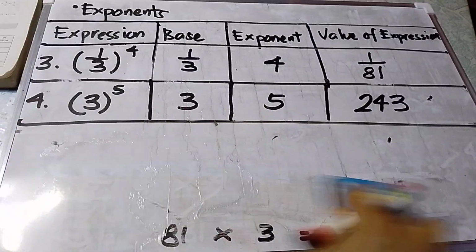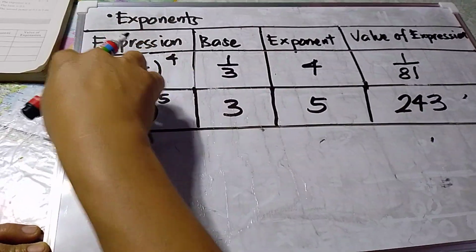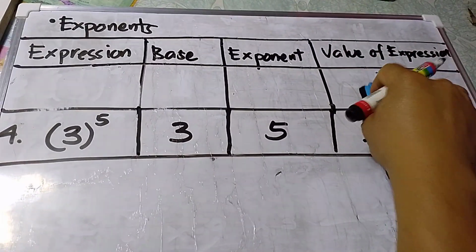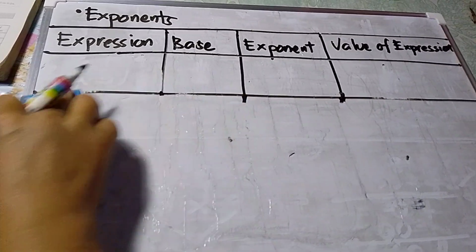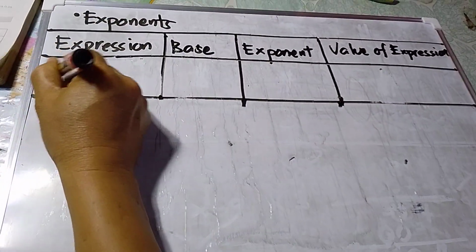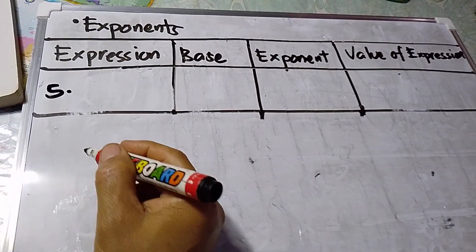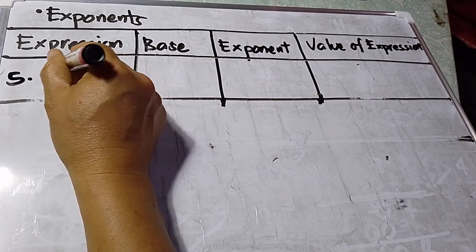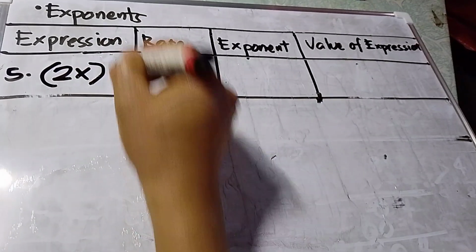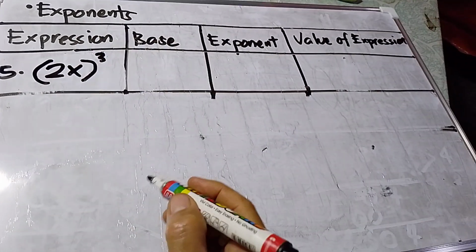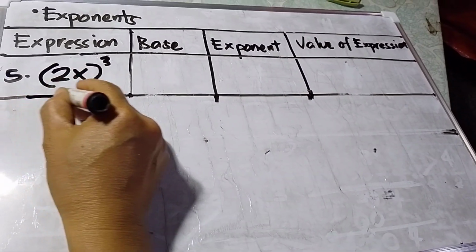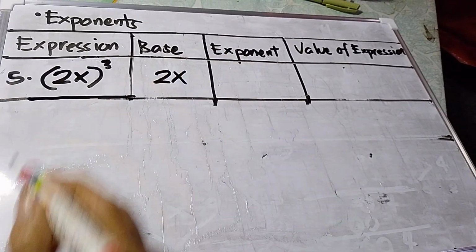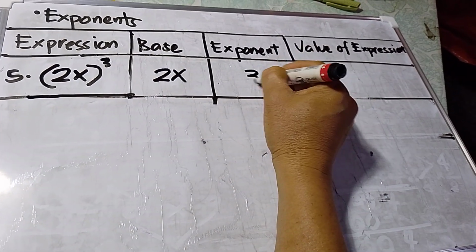Let's move to number 5. Okay, number 5. What if there is a variable, a whole number and a variable raised to the power of 3? Now what is the base for number 5? The base is 2x. And what's the exponent? This is 3.